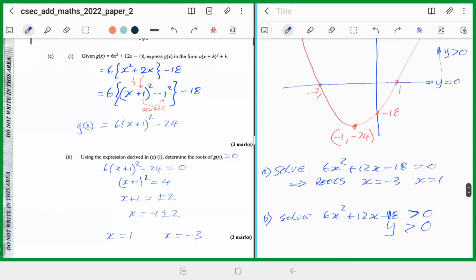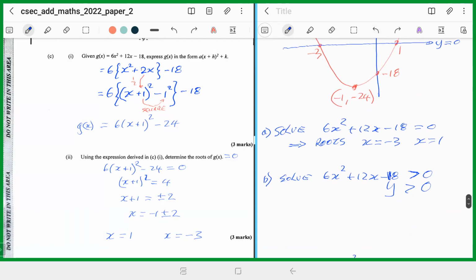You start with this as a reference. This equation is asking you to state the x values for which the y values are equal to 0. And those x values are these, because they are the points where the graph intersects the x-axis. Because on the x-axis, the y values are equal to 0.